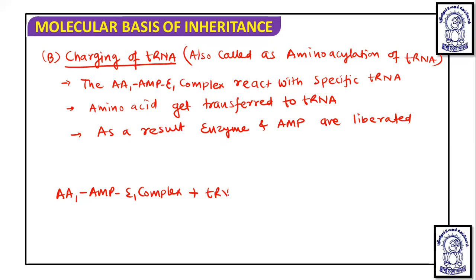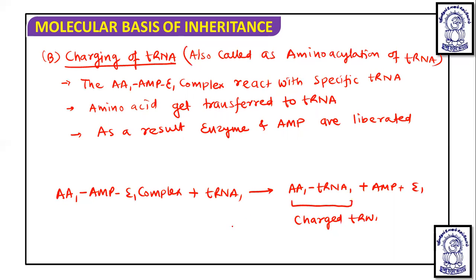We are naming it tRNA1 because it is amino acid 1. Now the amino acid gets added to the tRNA1. AMP and enzyme get released, and this is nothing but a charged tRNA or amino acylated tRNA. If you draw this charged tRNA, it is somewhat like this. This structure of tRNA we have studied.